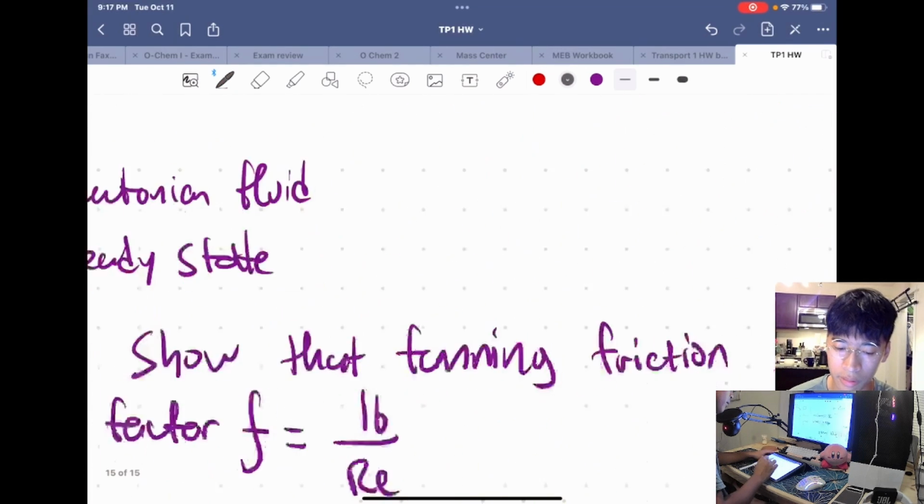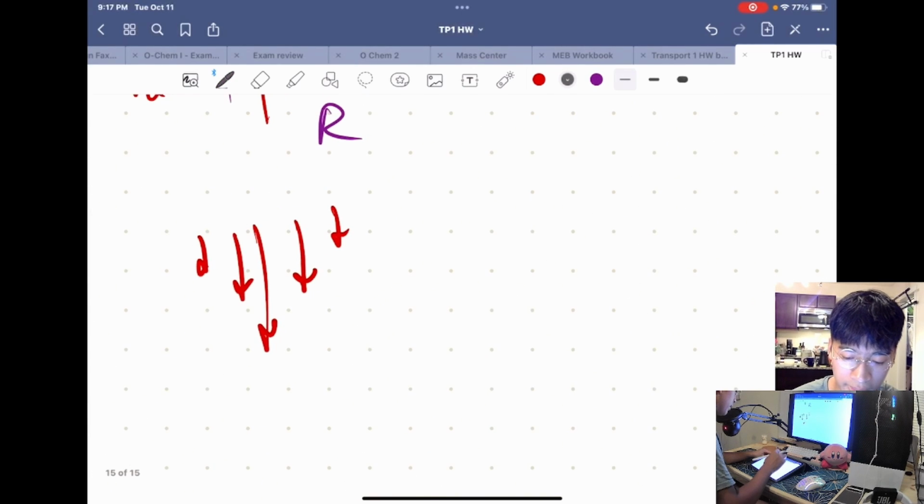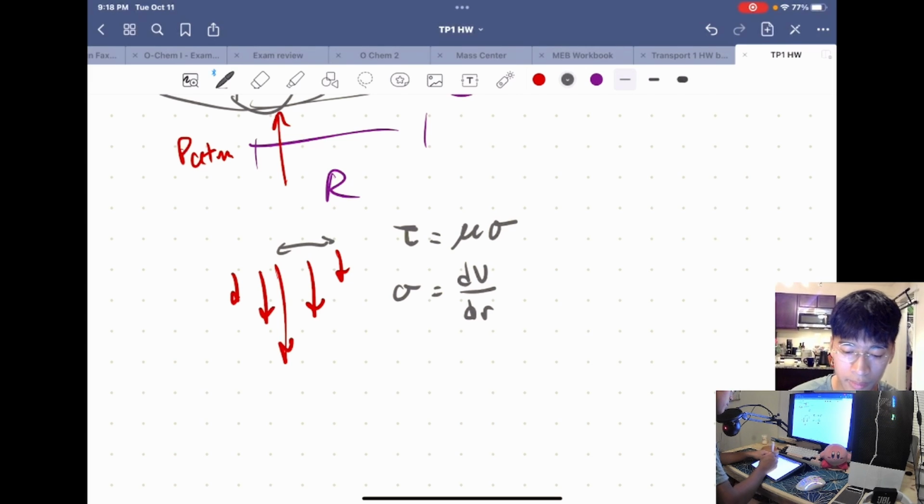And we are told that it's a Newtonian fluid, so we can go off and write our Newtonian fluid definition, which says that the shear stress, again in units of force per unit area, is equal to the viscosity multiplied by shear rate, where the shear rate is the derivative of the velocity with respect to a coordinate in the perpendicular direction. So that's r. Okay, so in other words, equals mu dv dr, right?